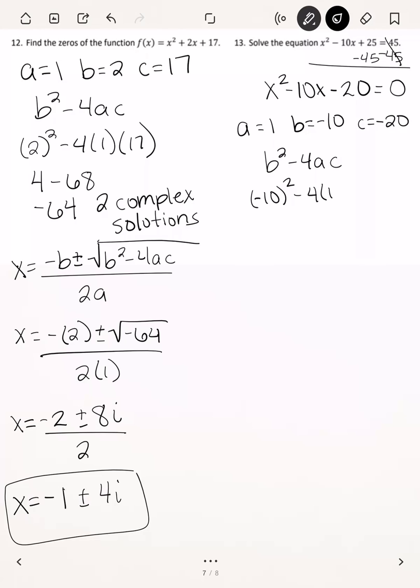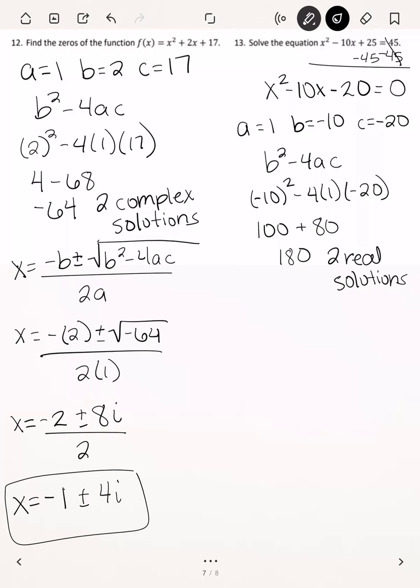Minus 4 times 1 times a negative 20. Negative 10 squared is 100. Negative 4 times 1 is negative 4. Negative 4 times negative 20 gives me a positive because it's two negatives and I get 80. So when I add that, I get 180, which means I should have two real solutions.